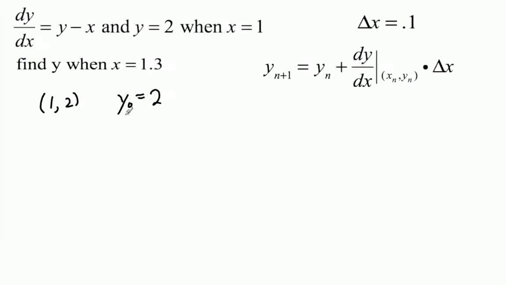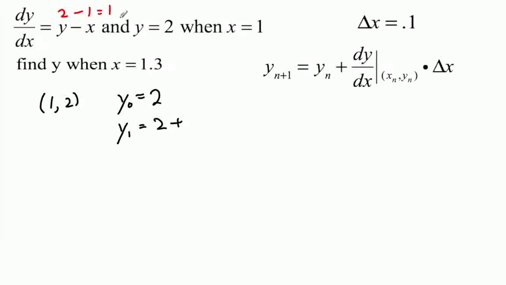All right, so in order to find my next y, I'm going to take my last y, which was 2, and add it to the derivative with these two things plugged in. So it's going to be y, which is 2, minus x, which is 1, which ends up giving me 1.